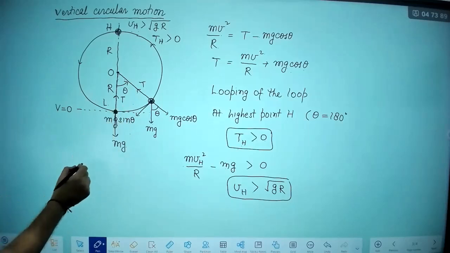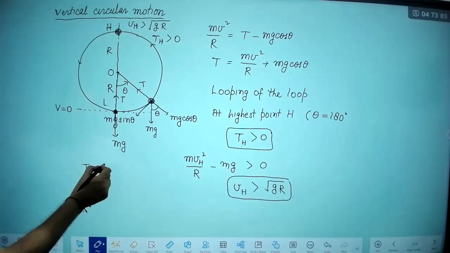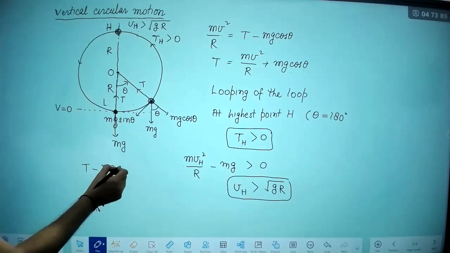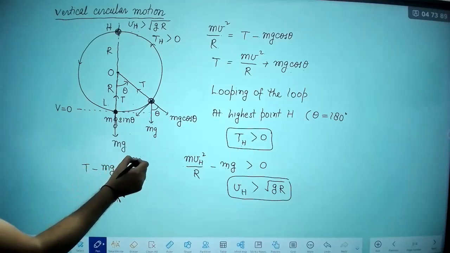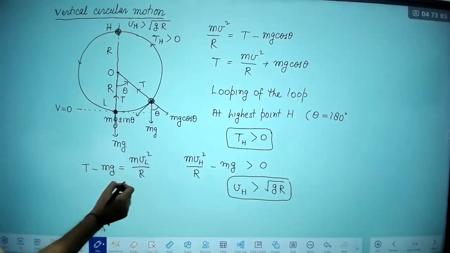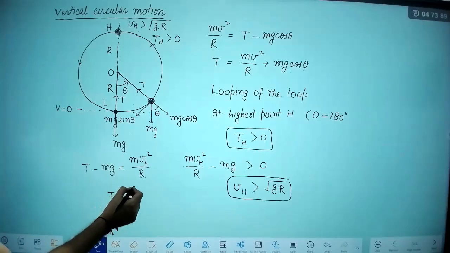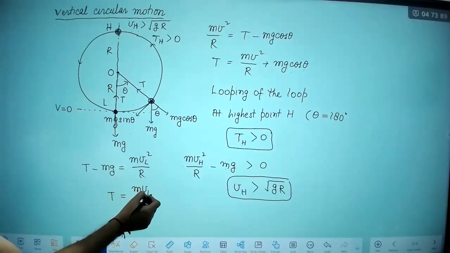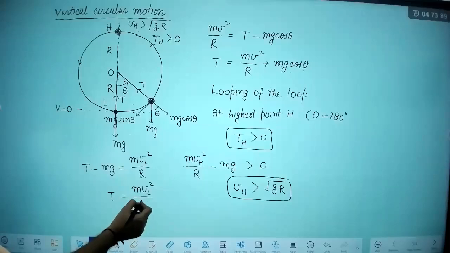So T minus mg will be mvl square upon r. So what will be T? T will be mvl square upon r plus mg.